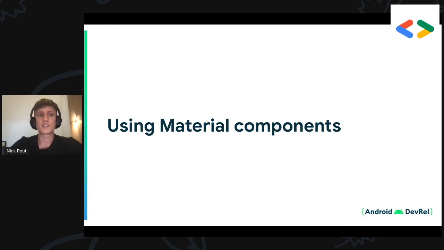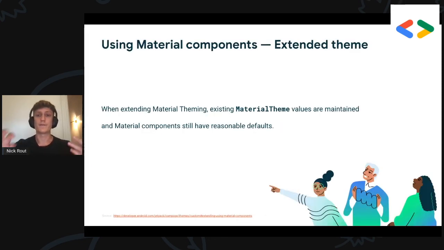The last topic I want to touch on is using material components in a world where you've implemented a custom design system in this way. While you may want to tweak your theme and maybe even entirely replace MaterialTheme to provide different themable values, or extend on top of material, you may still wish to use the pre-built material components, things like buttons, chips, cards, etc. These components are actually built to have their default values come from MaterialTheme.